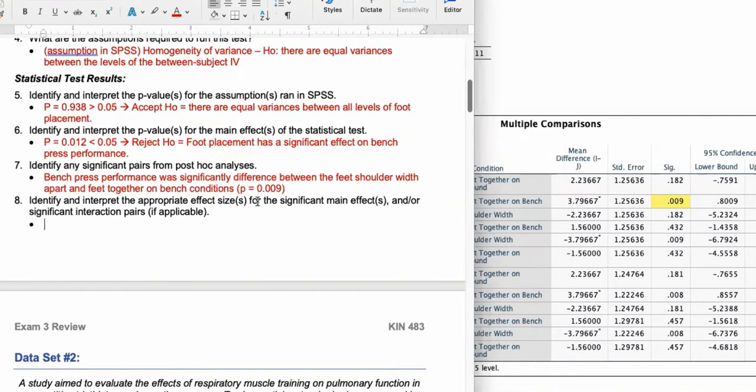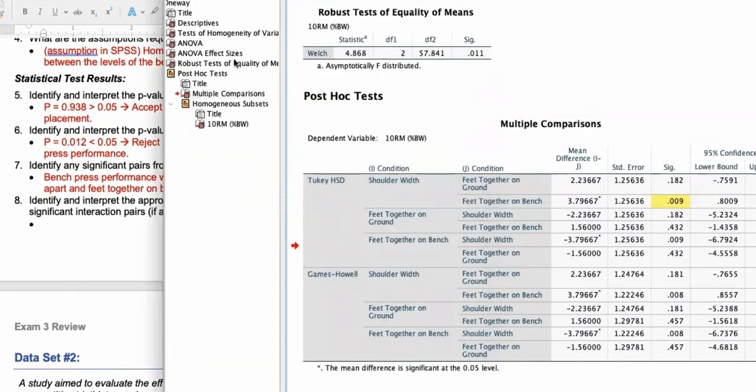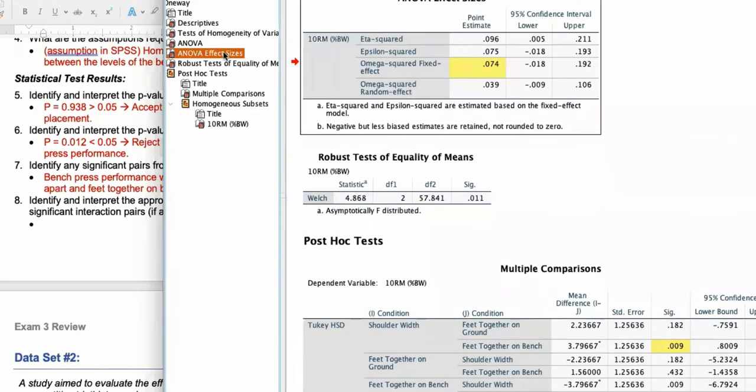The effect size that we use for a one-way independent ANOVA is our omega squared. So if this was one of the cases where you had to set up your test in SPSS and you chose the box that's like estimates of effect size in the options box when you set up the test, under the point estimate column in the omega squared fixed effect row, that would be our effect size.